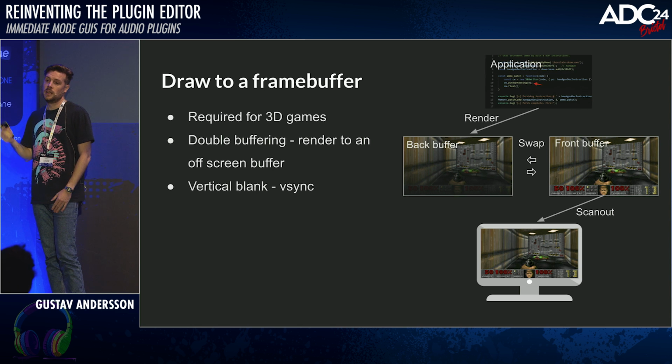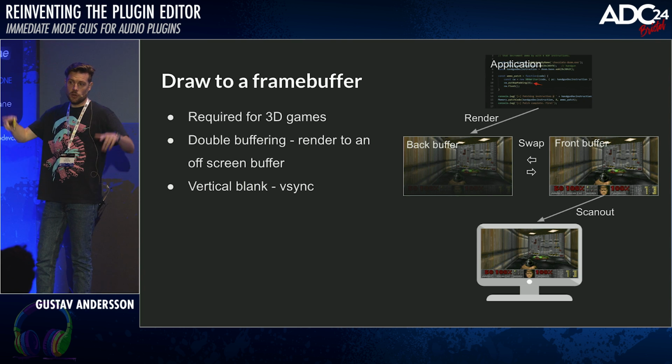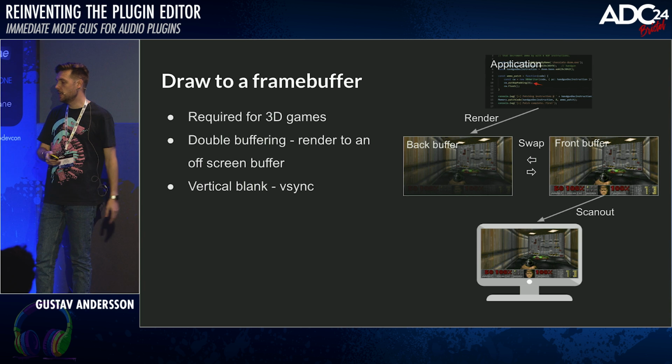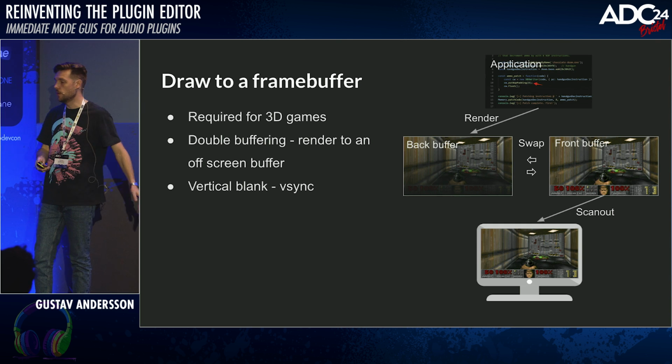image was displayed. So computers got more powerful, and then with 3D games, this changed into sort of rendering the whole frame in memory before it was being displayed on the screen. And this led to a scheme called double buffering, where you would draw on one buffer while the other buffer was being scanned out and displayed on the screen.